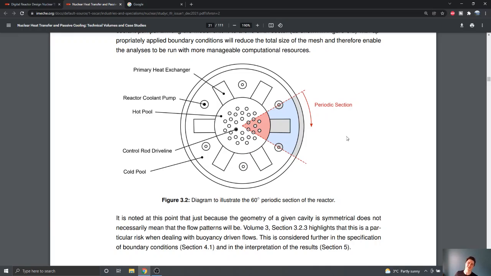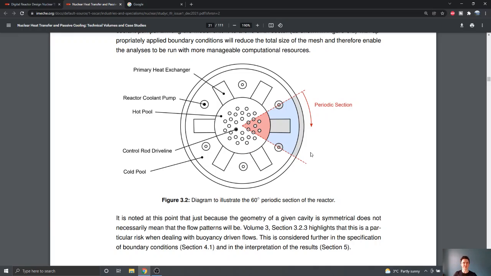This is going to cut down the size of our model, make the model a lot easier to run, and a lot easier for us to manage when we set it up. There are, of course, a few limitations of this approach with the periodic section, particularly near the middle of the reactor, but those are discussed a bit more in the report.